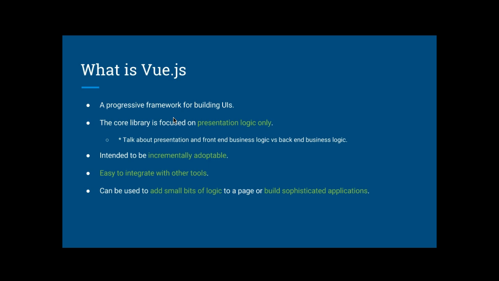And when I think about it, the front end, which is Vue and all of its tools, tends to be how am I going to present this to the user, and then how am I going to organize everything so that whenever I hand off to the server it has for the most part what it needs to do its job, like what the information from the user that it needs to do its job, and then its business logic can be what am I going to do with this information past that. So focus on presentation logic, but it really allows you to do front-end business logic as well.